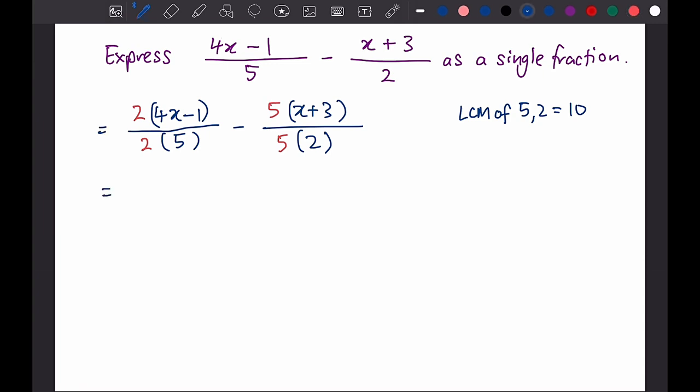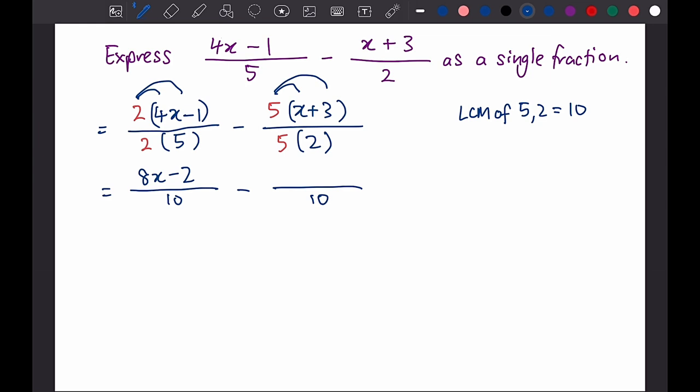And next, we're going to simplify things first before we proceed. So therefore, we have a common denominator of 10 for both fractions, and we will have to distribute in the number that is outside the bracket. So 2 times 4 is 8, so we have 8x. 2 times 1 is 2, and then there's a minus that follows.